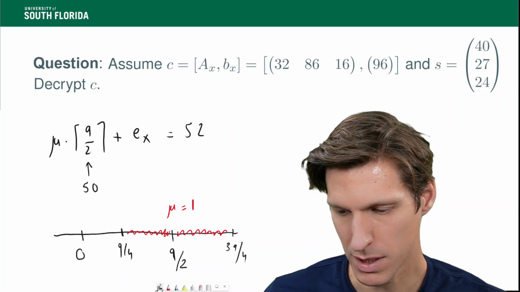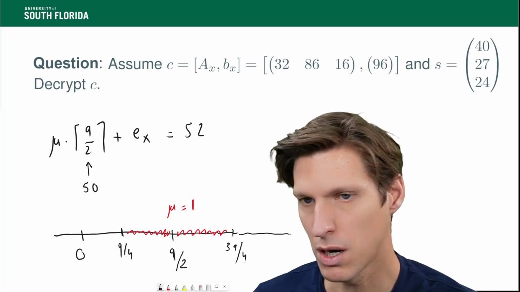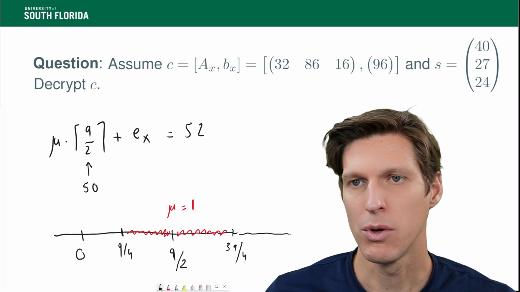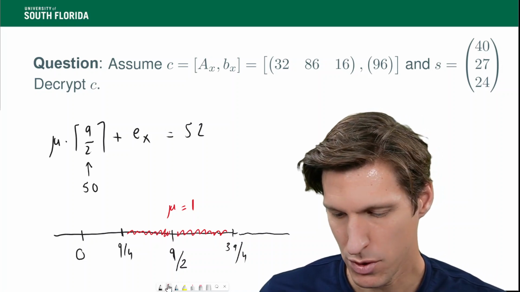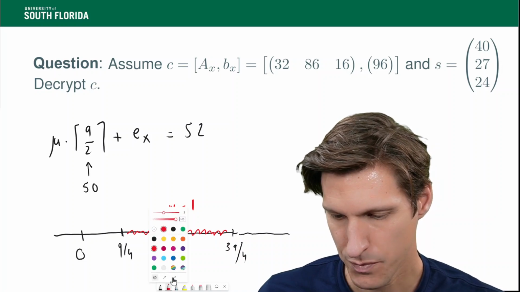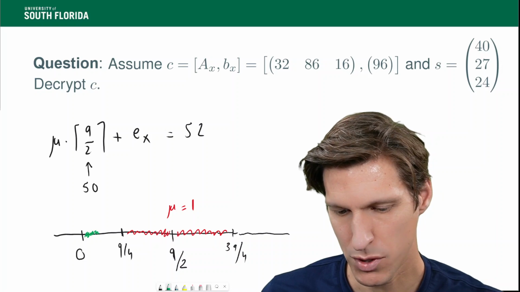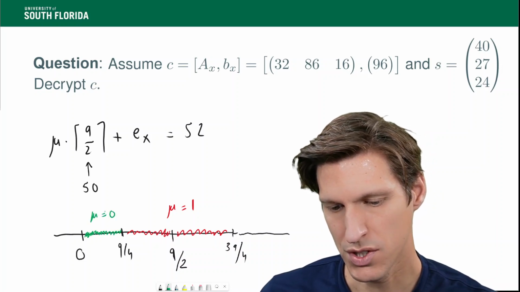Now, I feel compelled to tell you that there is a little trick. If you reduce things mod 101, which you probably want to do when you perform your calculations, then, I'm going to put in green just for the argument here, clearly between 0 and Q over 4, that was mu equals 0.